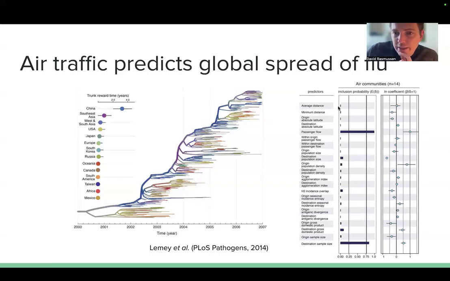So here you can see that the average distance is only very rarely incorporated into the model, and its effect or regression coefficient on the actual migration rate is very small. It has basically an effect close to zero, whereas passenger flow has a very large effect on the migration rates.